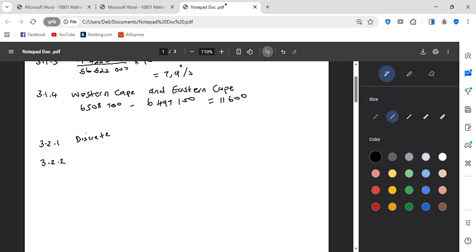I'm going to arrange the numbers. So we've got 22, then we've got 26, then we have 28. I had already arranged these numbers in my notebook, so that's why I'm just doing it like this.